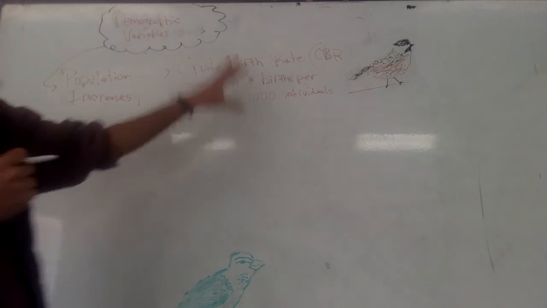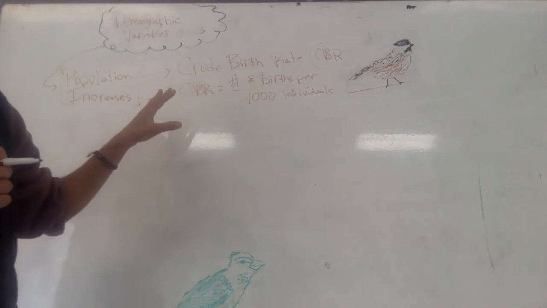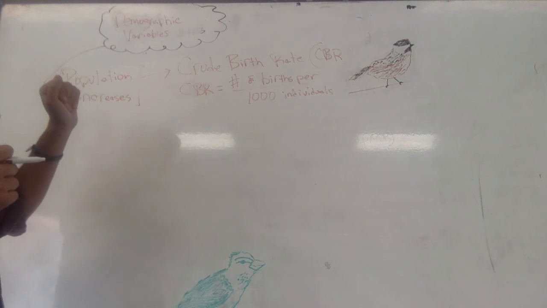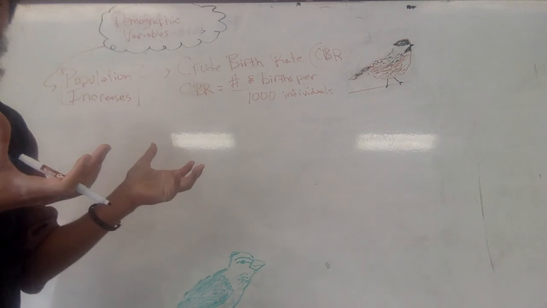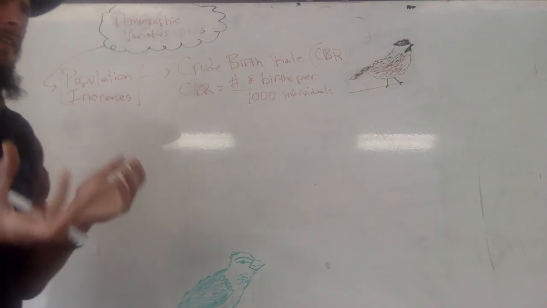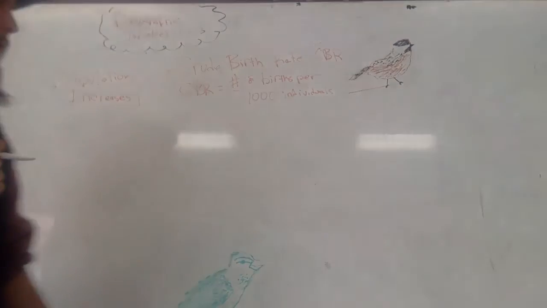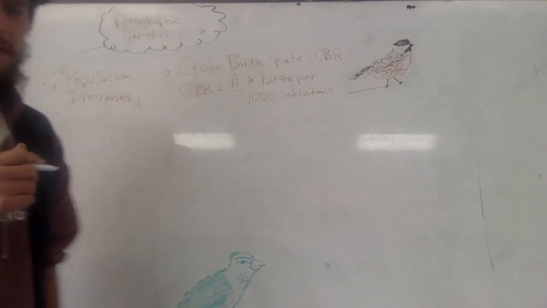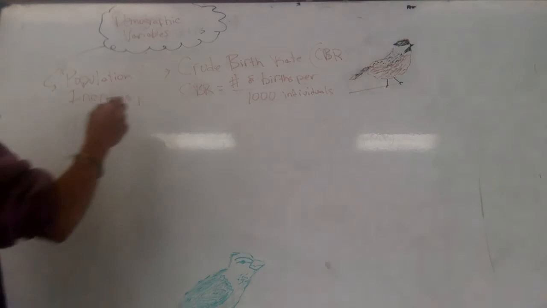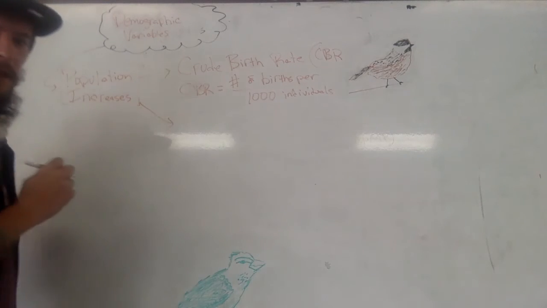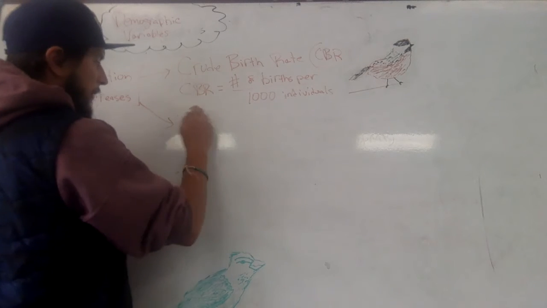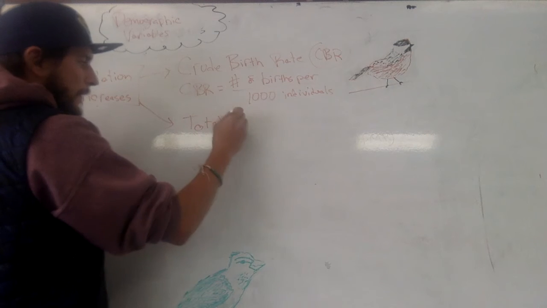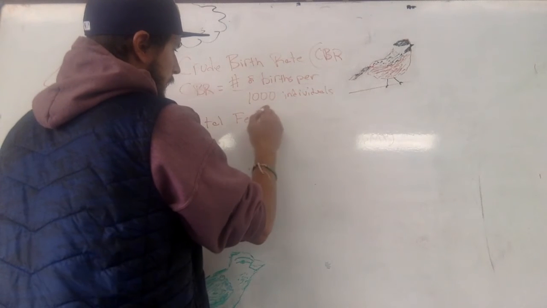Again, these are not necessarily the best measurements. They tell us in general if the population is growing, but they don't tell us specifically how that population is growing or any further details. So we can look at a few different measurements. We could look at the total fertility rate.